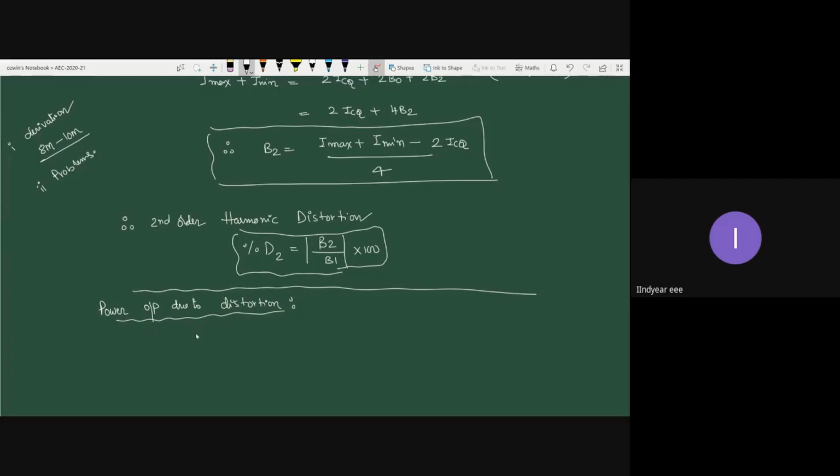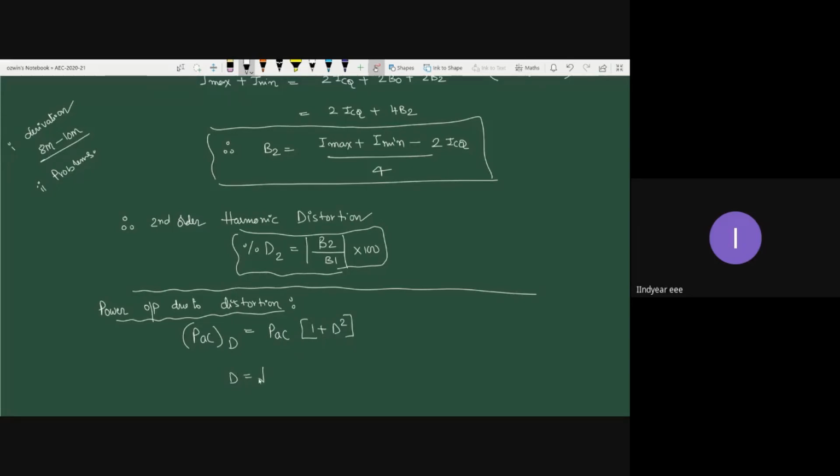So power output due to distortion, let us define it as PAC, because in case of a power amplifier, output is always AC power output. So PACD, that is AC power output under distortion. PACD is equal to PAC into 1 plus D square.